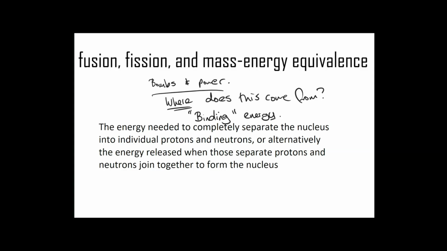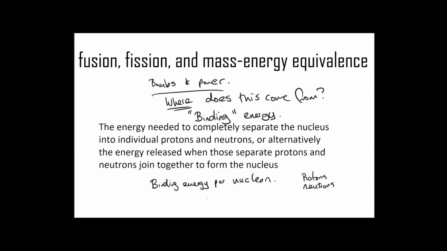So binding energy is a type of energy, but the way that we're interested in expressing it is the binding energy per nucleon, and remember the nucleons are the protons and the neutrons in the nucleus.